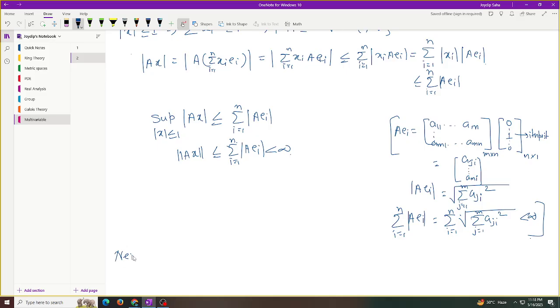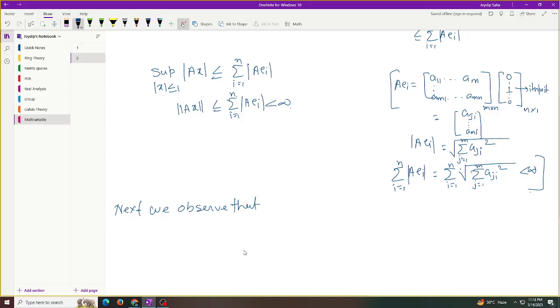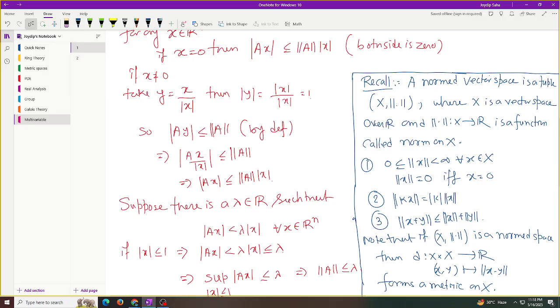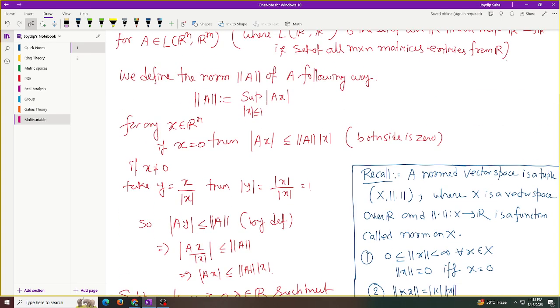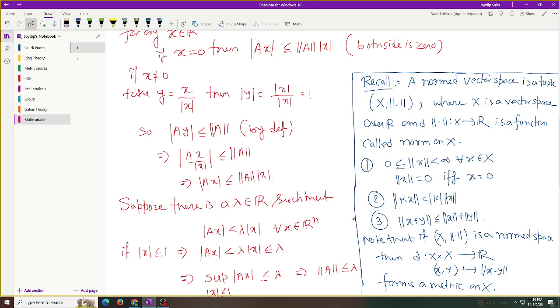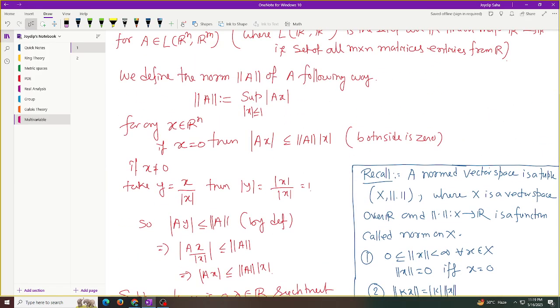Next, we observe that mod Ax minus Ay is less than or equal to, just use this, mod Ax is less than or equal to norm A into mod x.